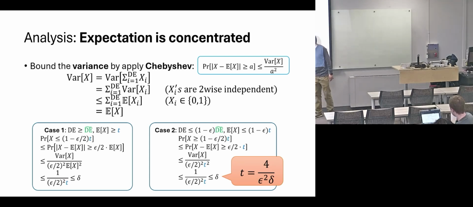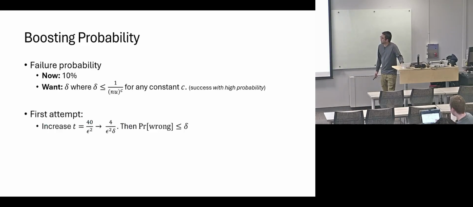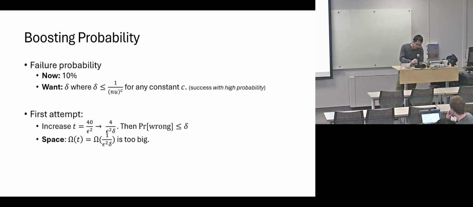This is the probability that we are wrong; if t is this big, then this failure probability is at most delta. Okay, we can just set t to be big. But the problem is that the space is linear in t. So if t is really big, then this is just too big, because I think of delta as something really tiny.